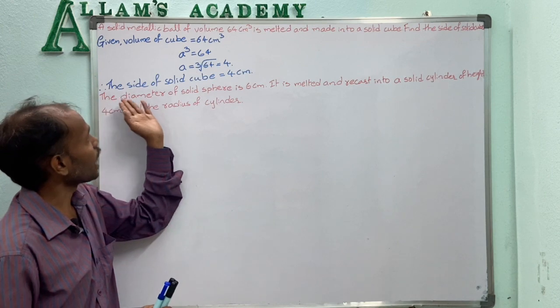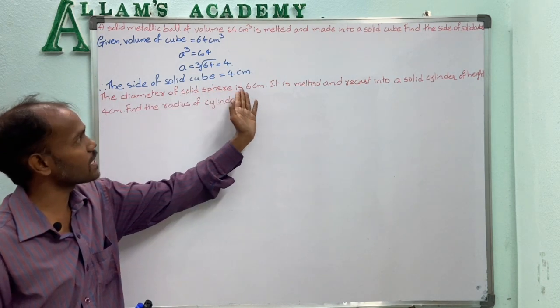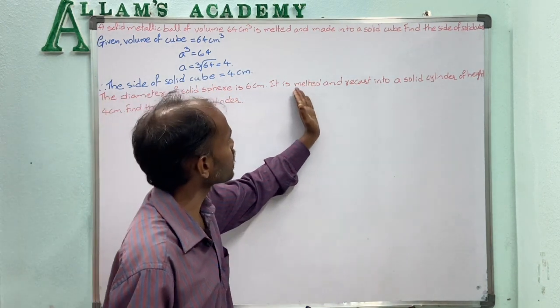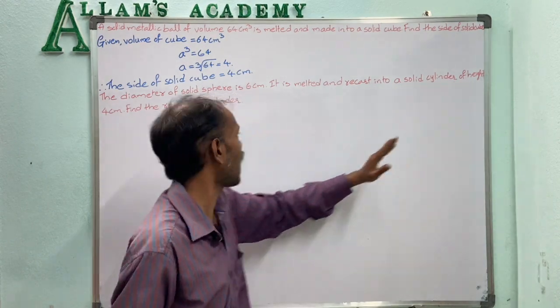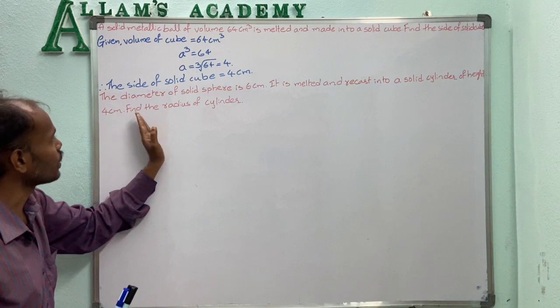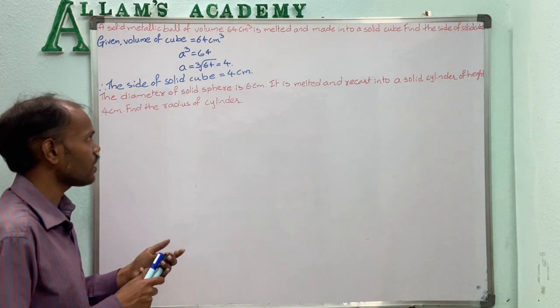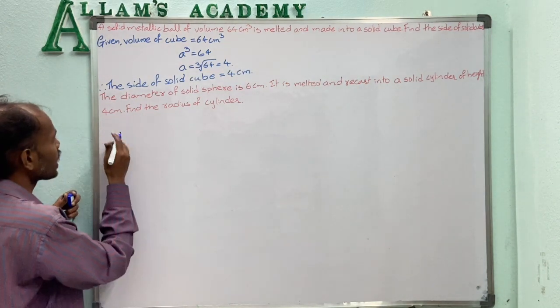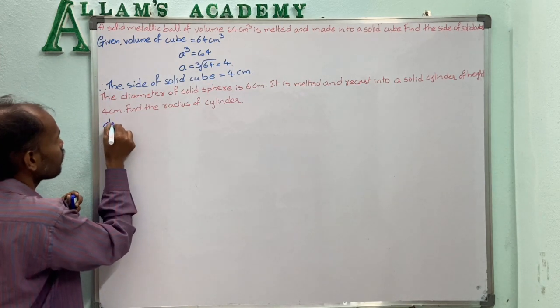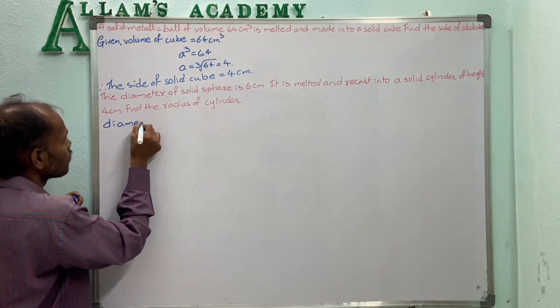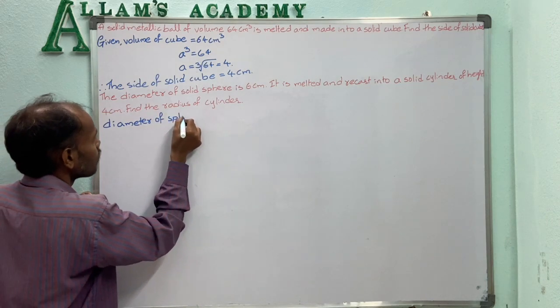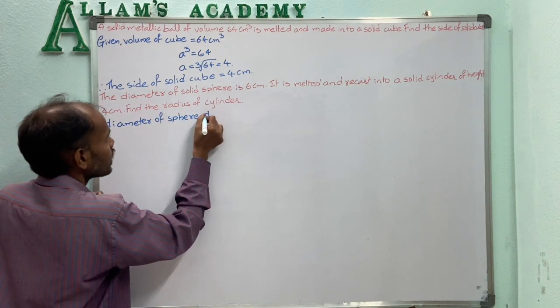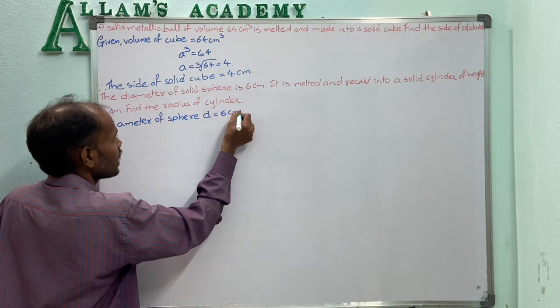Given that the diameter of a solid sphere is 6 centimeters, it is melted and recast into a solid cylinder of height 4 centimeters. Find the radius of the cylinder. So here the given diameter of the sphere, d, is 6 centimeters.